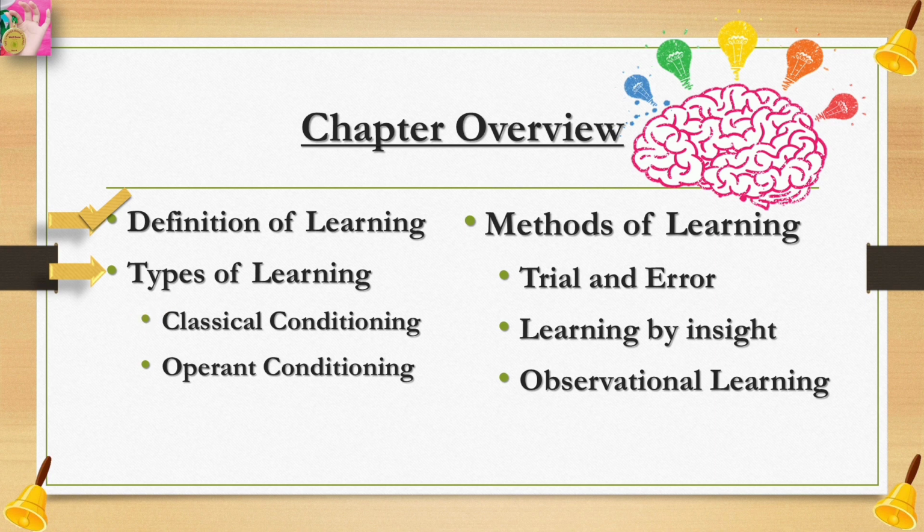Lesson 2 part 1 was about classical conditioning, and we have successfully completed it. It was detailed and I tried my level best to include all the important topics in part 1 about classical conditioning.